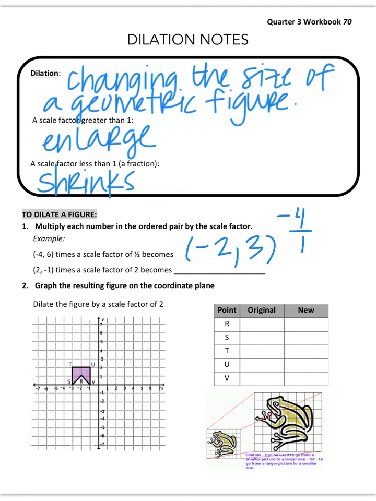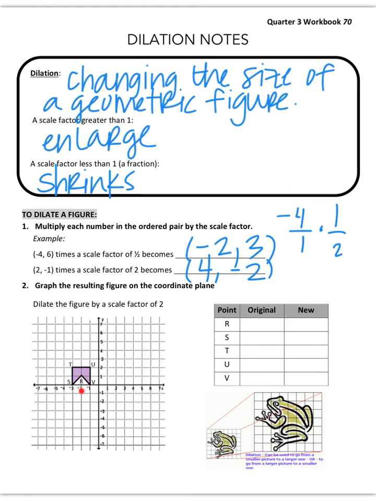So it's like negative 4/1 times 1/2, which would end up giving you negative 2. 2, negative 1 times the scale factor 2 becomes 4, because 2 times 2 is 4, negative 1 times 2 is negative 2. So all you have to do is multiply the ordered pair by the scale factor.